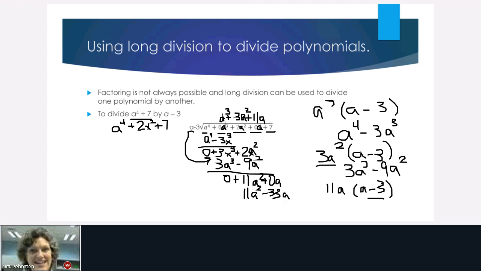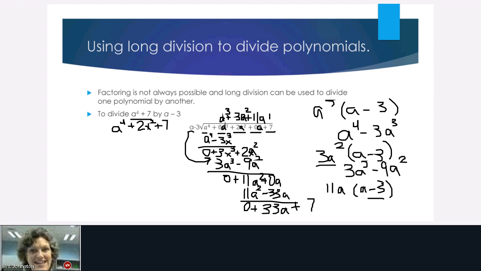Okay, subtracting, the first two turn out to be 0. Then 0 minus negative 33 becomes positive 33a. And I bring down that 7. Now, what do I multiply a by to get 33a?